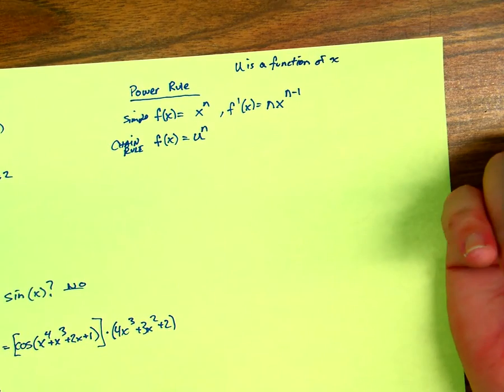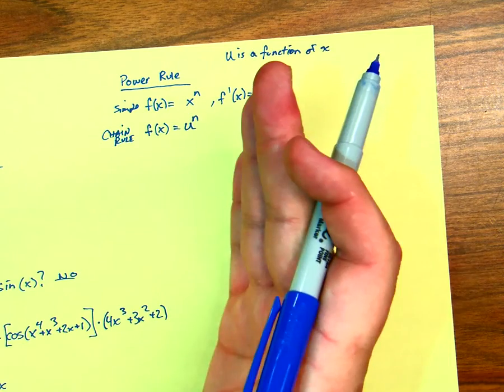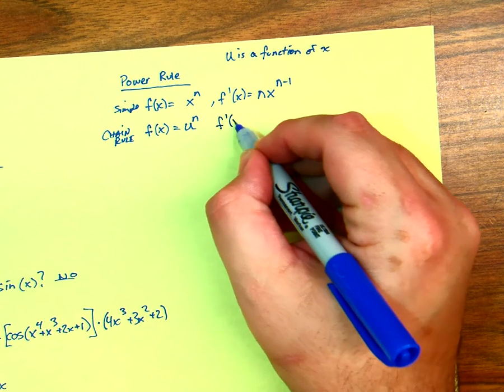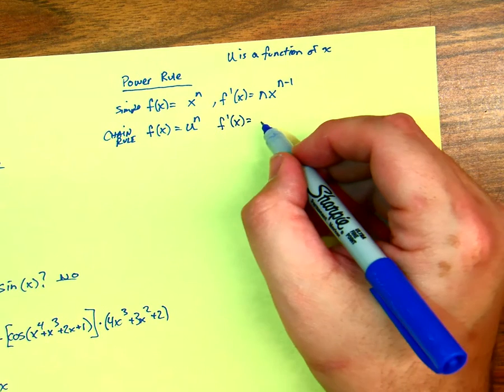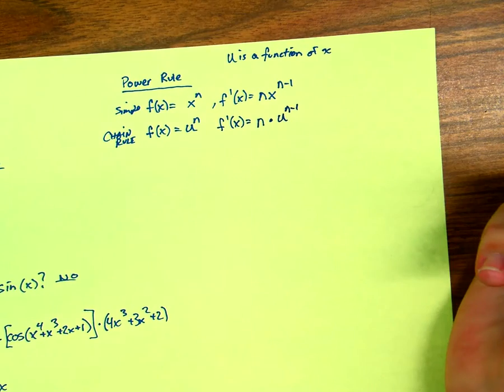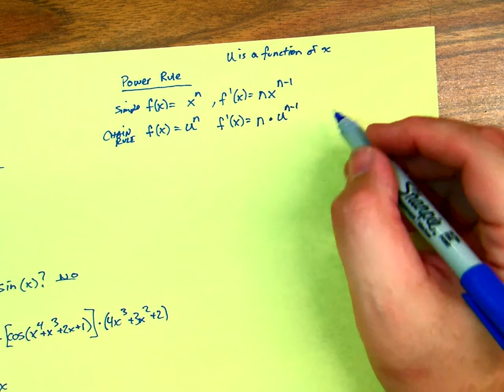As long as it's written like the power rule, I could take the derivative with respect to x and say it's going to be n times u to the n minus 1. But since u is an x, it's u prime.